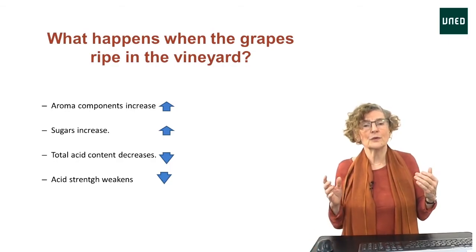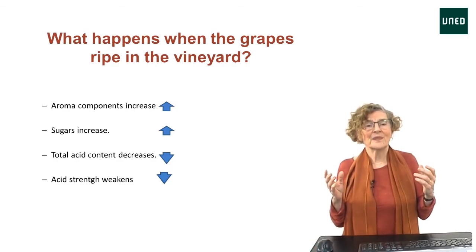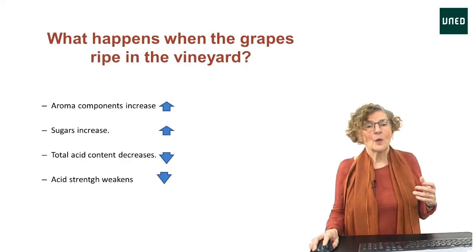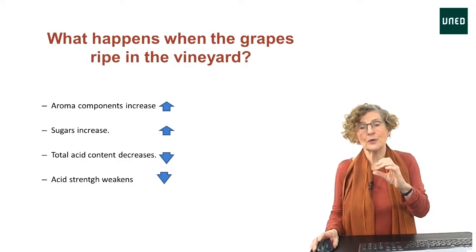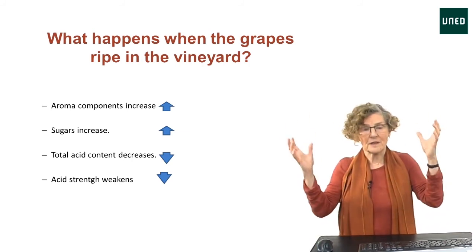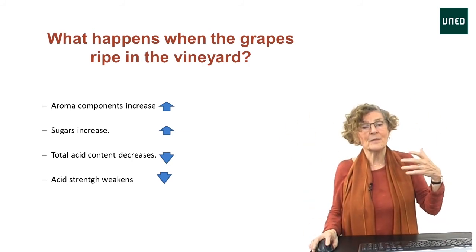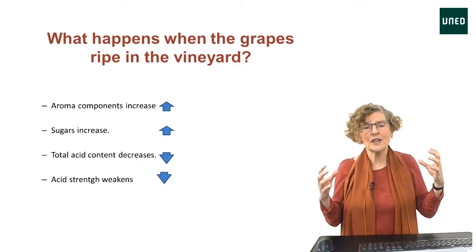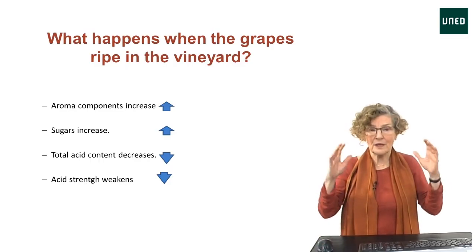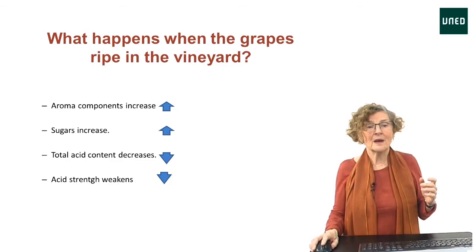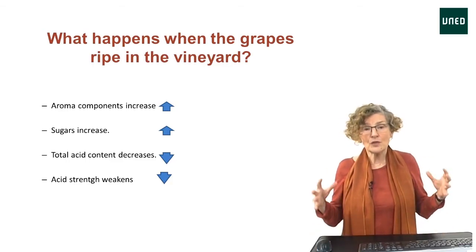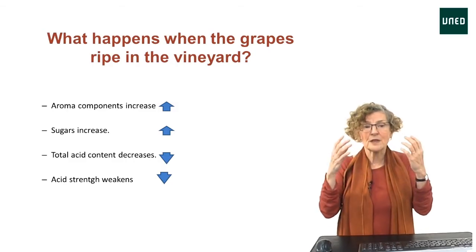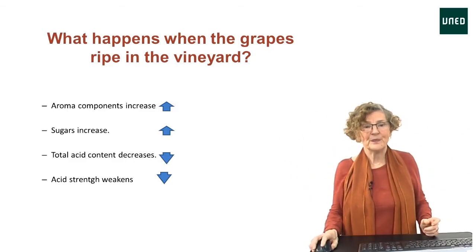This process of photosynthesis has two effects. One is that the storage of the sugar it produces increases. And at the same time, the concentration of red pigments in the skin of the red grape increases too. And as a result, the concentration of aroma components also increases.